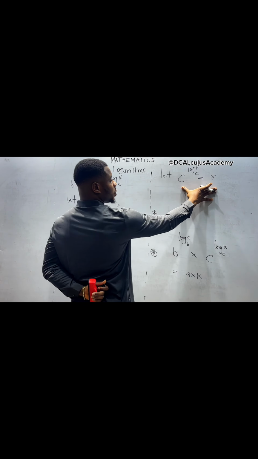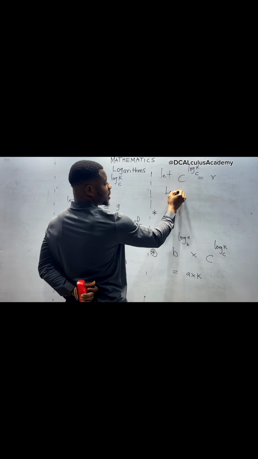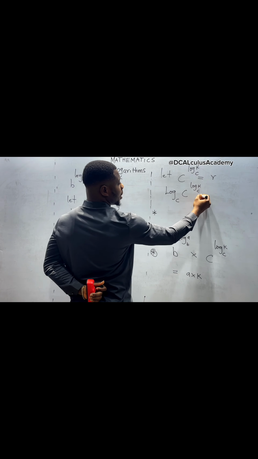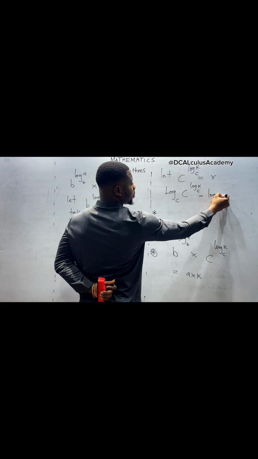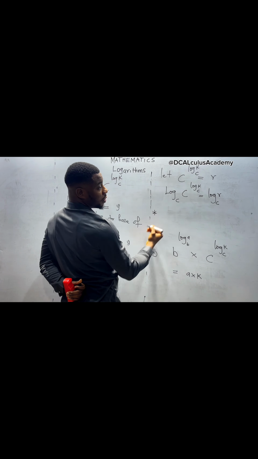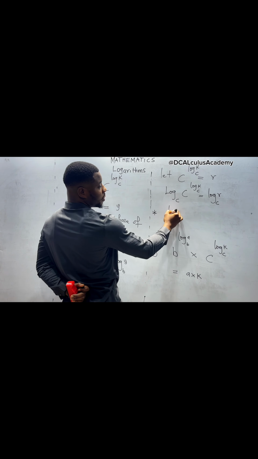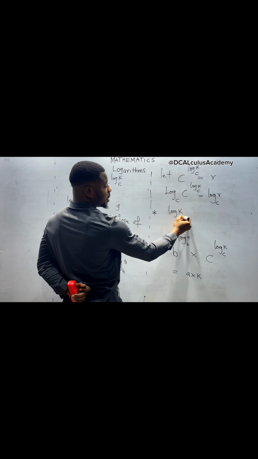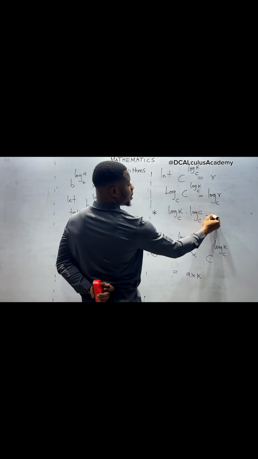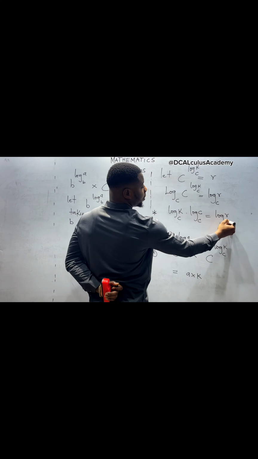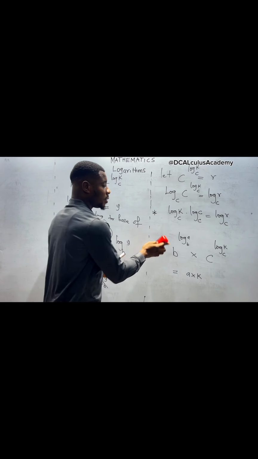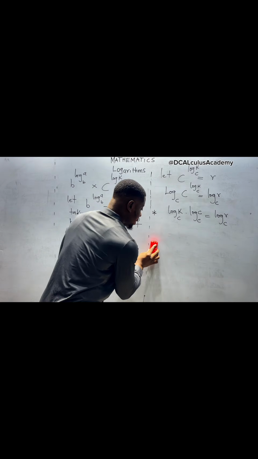We have log to base c of c raised to power log k base c is equal to log to base c of r. Again, this can move backwards from our law. We have log k base c multiplied by log c base c is equal to log r base c. Now log c base c is 1.